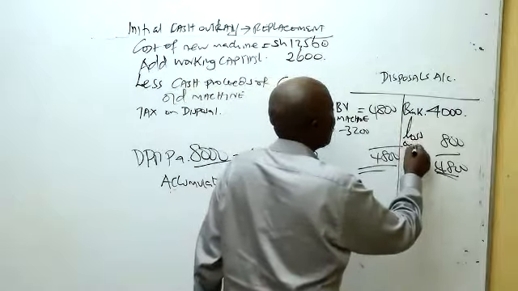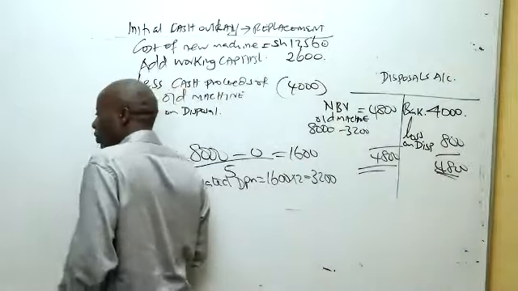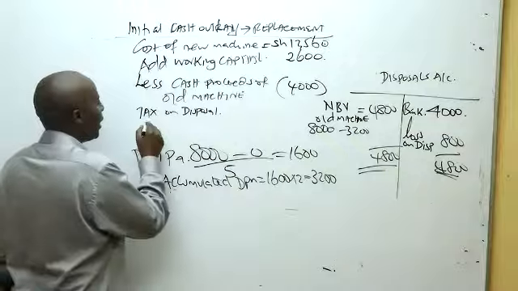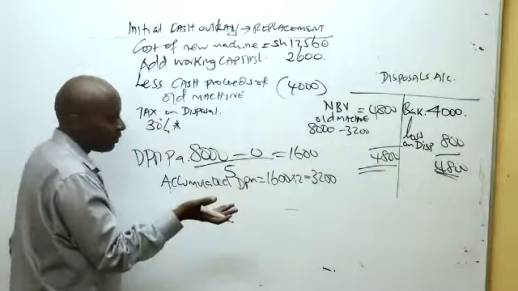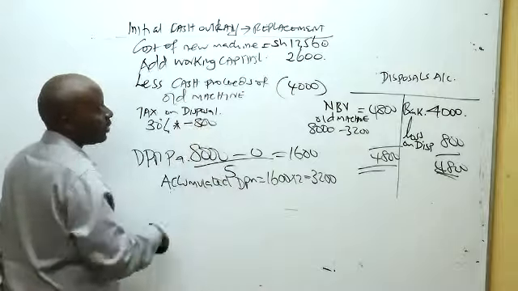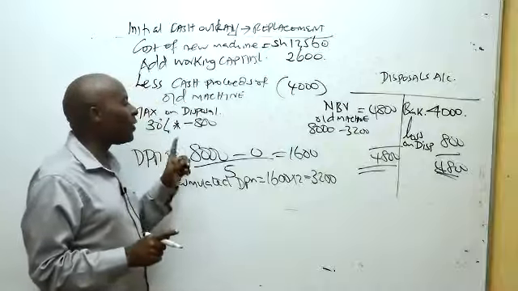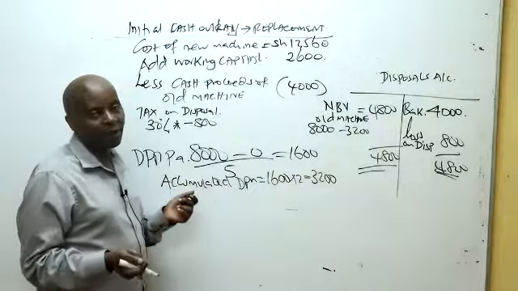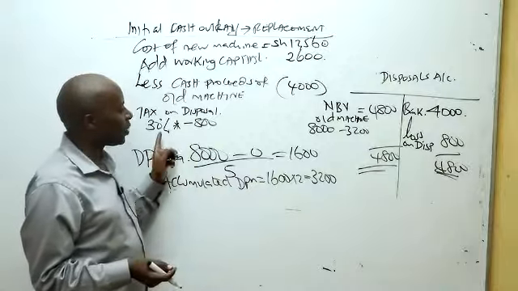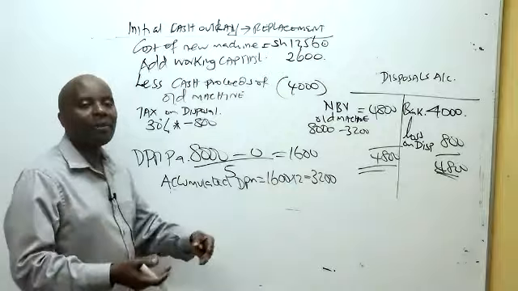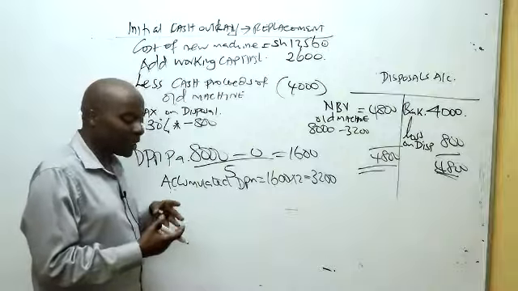So what we shall do, ladies and gentlemen, is to come right away here and take 30% of my loss. My loss, which is minus what here? 800. Remember, many times I've proven to you that whenever you even get a loss, it will be important for you to tax. You tax a loss, a negative profit. So 30% of minus 800, it's like the taxman is refunding money for you. The taxman is sympathizing with you.